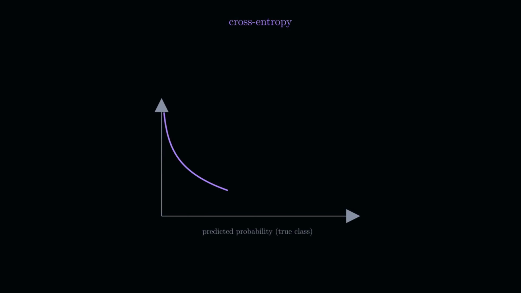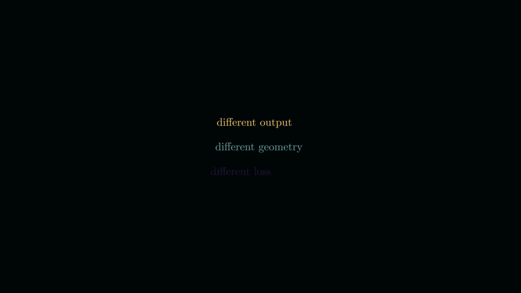And classification measures it by how confidently wrong the probability was, a quantity called cross entropy, which barely punishes a cautious mistake but punishes a confident wrong, "I'm 99% sure," enormously. Different outputs, different geometries, and different losses for both regression and classification.